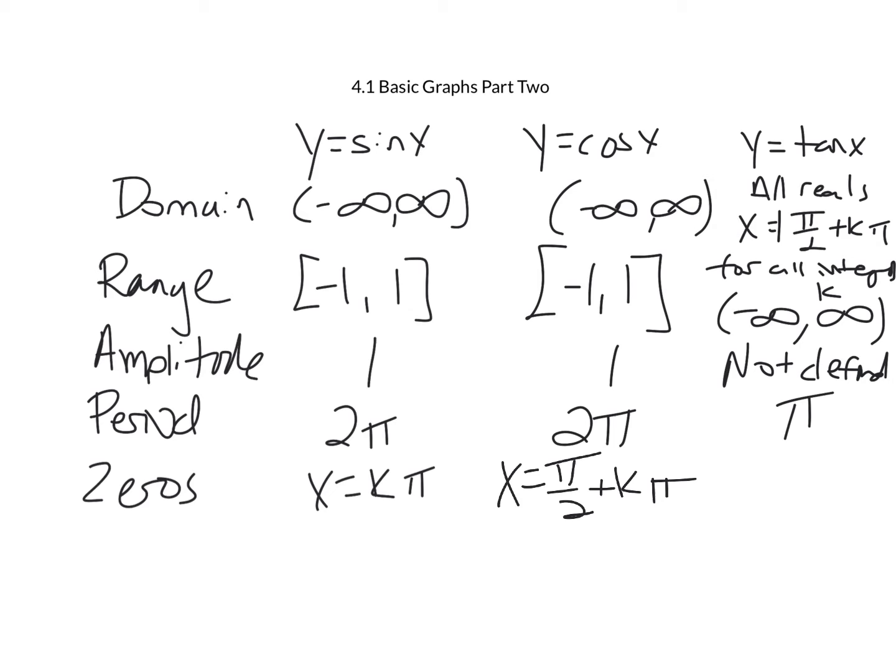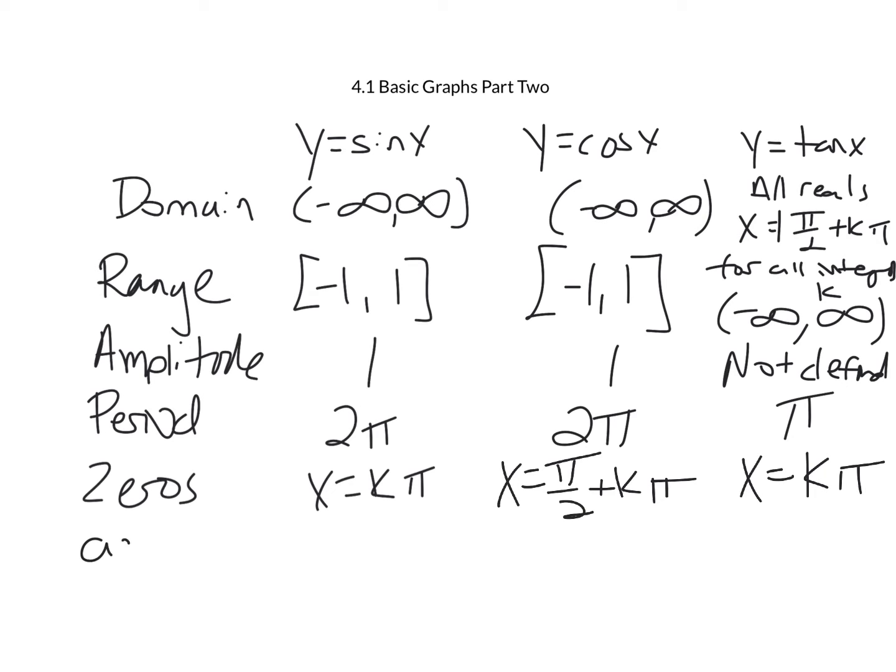For tangent, tangent's going to be the same as the y values, right? Because remember, tangent is sine over cosine. So for this case, it's going to be just the same as sine. x equals k pi.